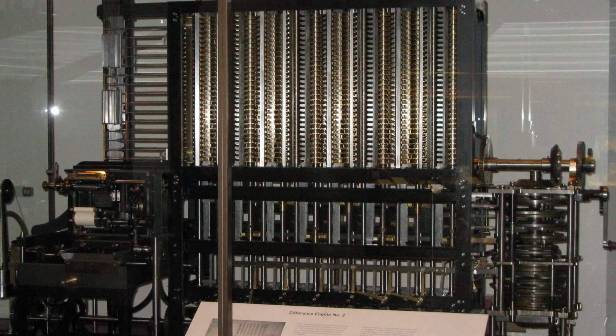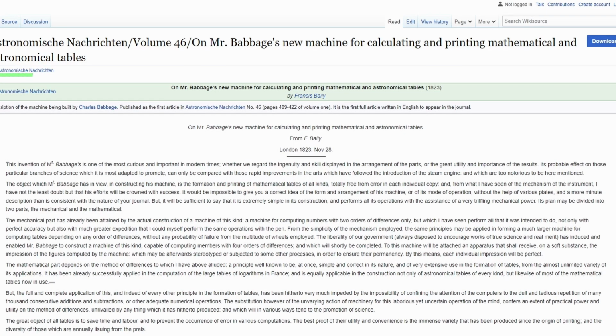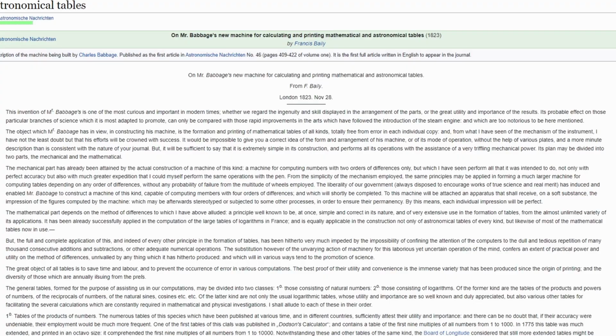The machine itself was actually used for tabulating data, or let's say tabulating the results of the formulas. Unlike Jacquard's loom, the difference engine's operation was fixed based on the specific mathematical function it was designed for. However, both machines used punch cards in a similar way to send data. Here is an interesting letter praising Babbage for his machine, Babbage's new machine for calculating and printing mathematical and astronomical tables.